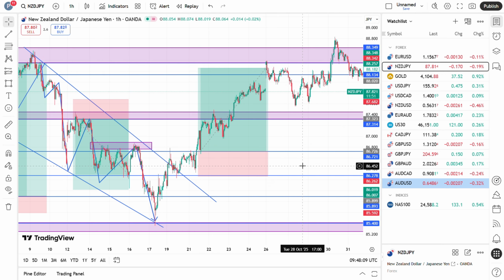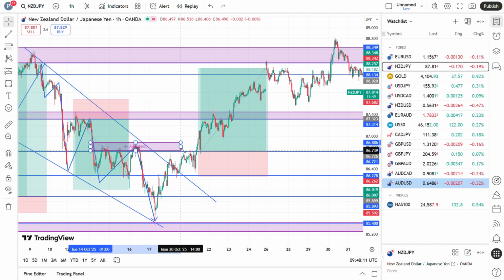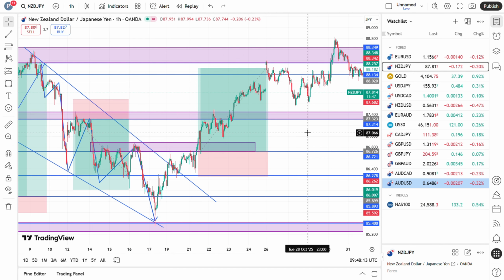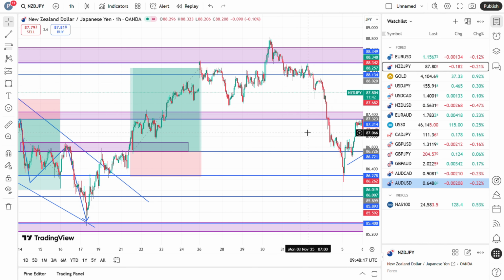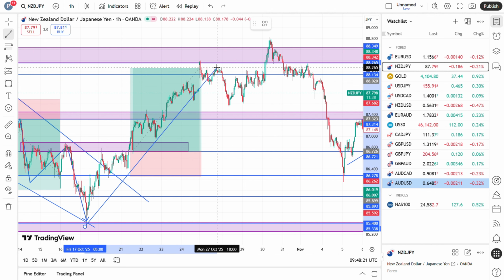As you can see, that previous resistance right there was now our support level, and that was a clean buy entry right there, and the market just started trending towards the upside.